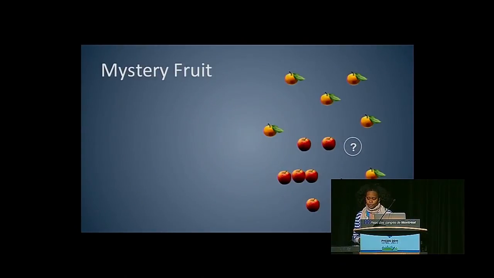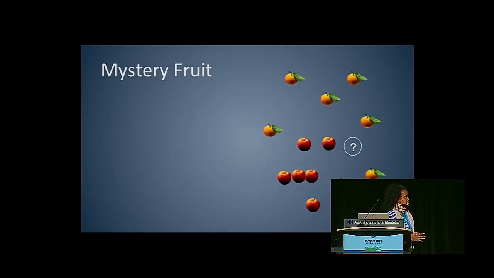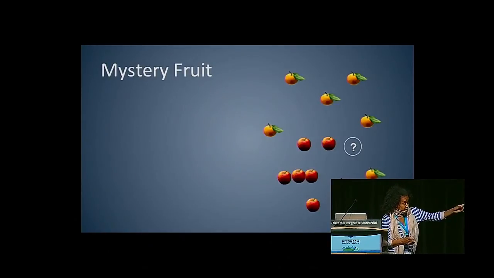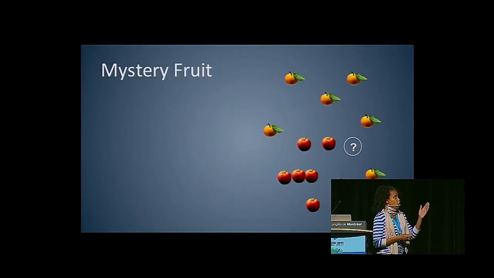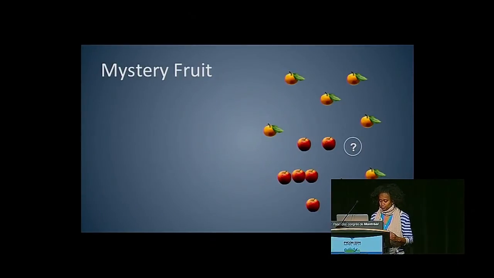Problem number one. Let's say you have apples and oranges, but you also have a mystery fruit. Our goal is to figure out what is the identity of the mystery fruit.